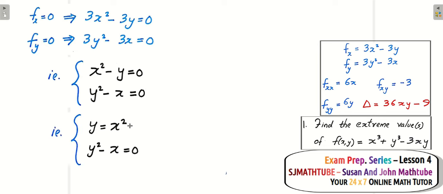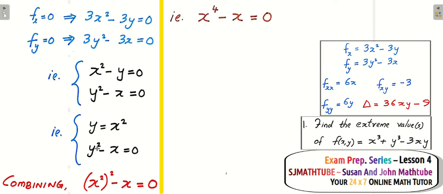So from the first equation, I'm finding the value of y. Now what I do is I'll plug in this y value in the second equation, and that gives me x square the whole square minus x equal to 0. That is, and take x common.